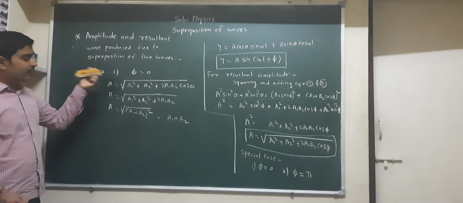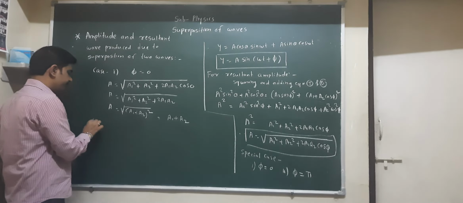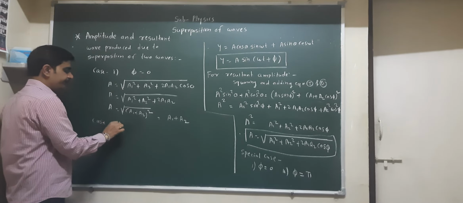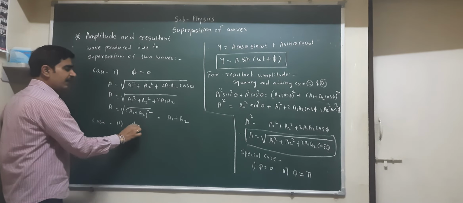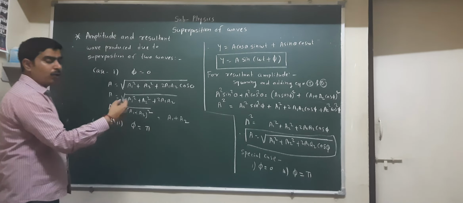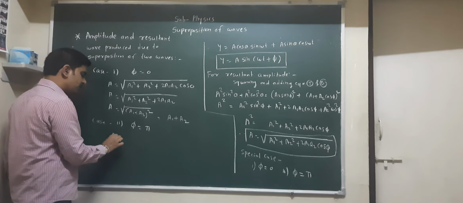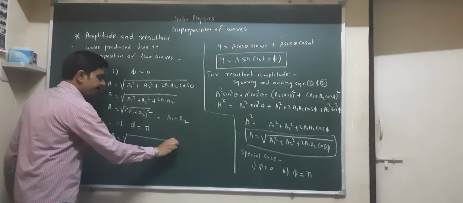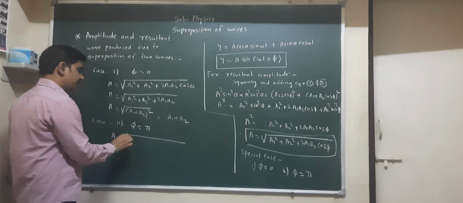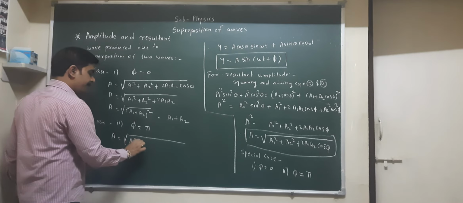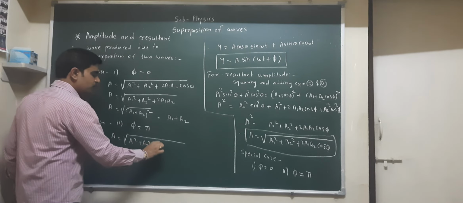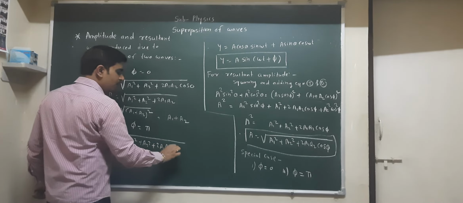So this is case 1. Case 2, if phi is equal to pi, cos of pi means cos 180, so A is equal to under root a1 squared plus a2 squared plus twice a1 a2 cos of pi.